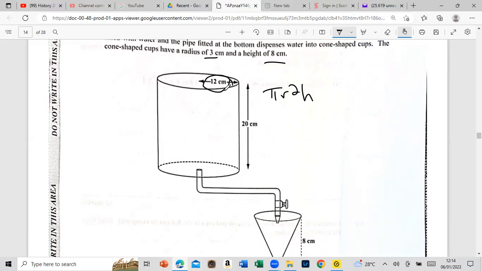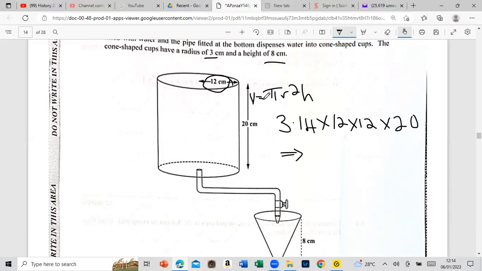Since this is not a multiple of 7, I'm gonna use 3.14. I think it's easier. The radius is 12, so that's 12 times 12, and then we times it by the height, which is 20. And again, just punch all of that in your calculator. That would be your answer.